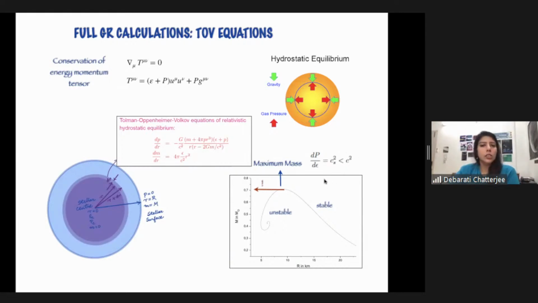It cannot exceed the speed of light. So from this, it tells you that there is a stable branch of this mass radius relation going up to the maximum mass, beyond which this mass radius curve is actually unstable. Okay. So we have to find what ingredient we are missing in the calculation of the maximum mass, if we just consider a free Fermi gas of neutrons.